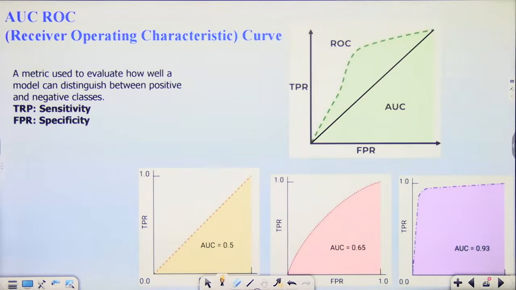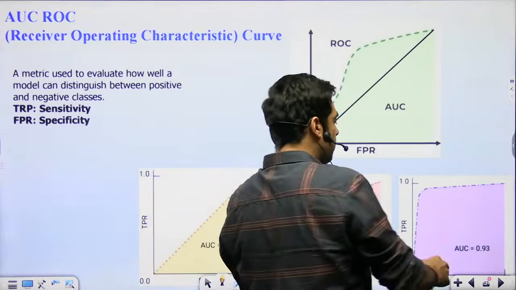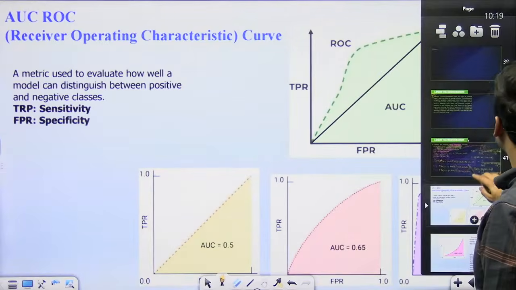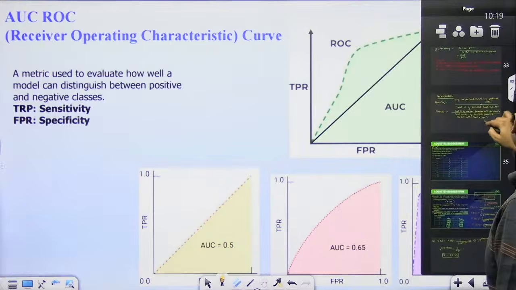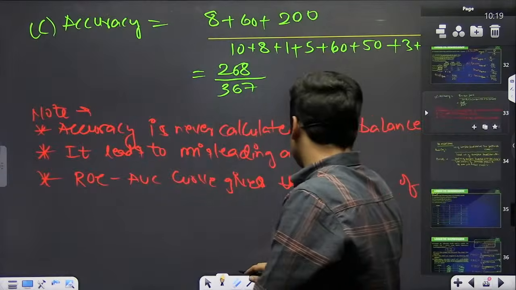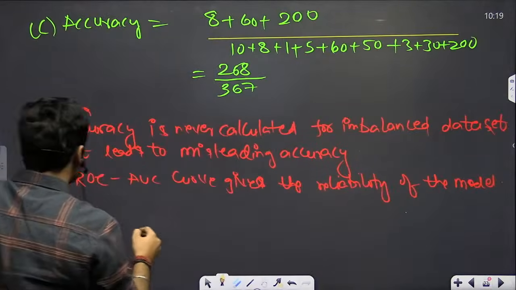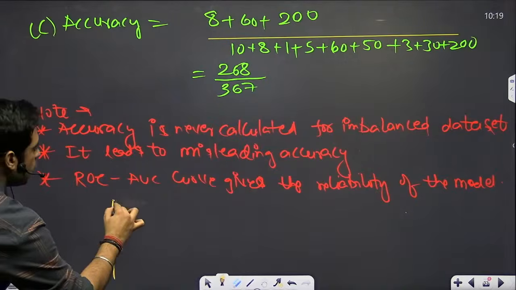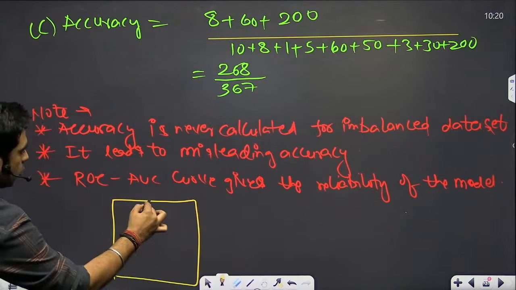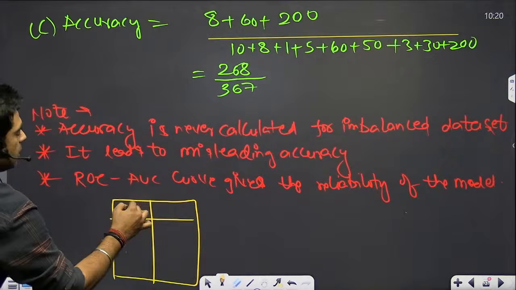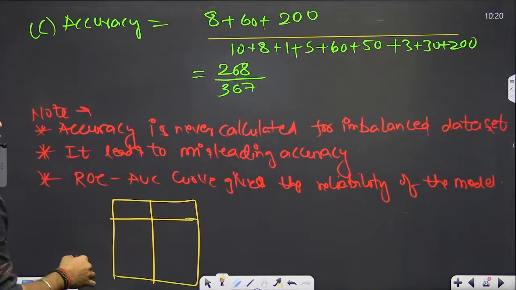Now, firstly, what is an imbalanced data set? For example, I'm training a model on a data set for people who have COVID and who don't have COVID.